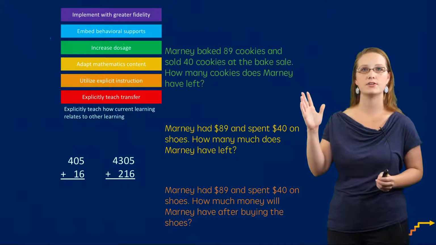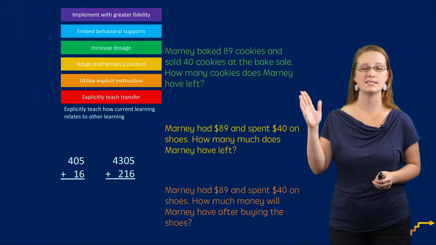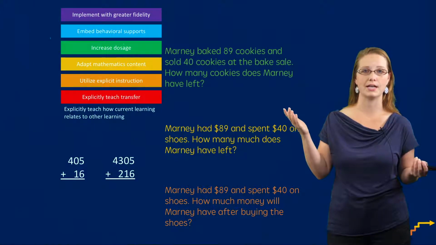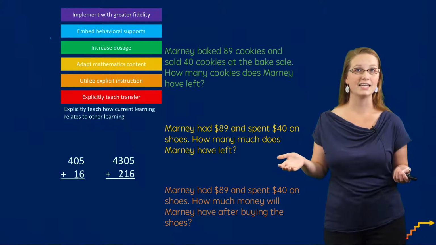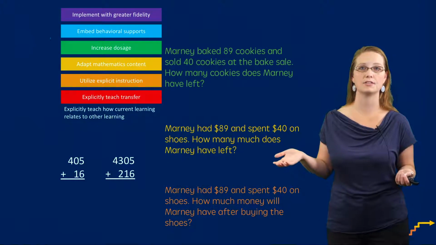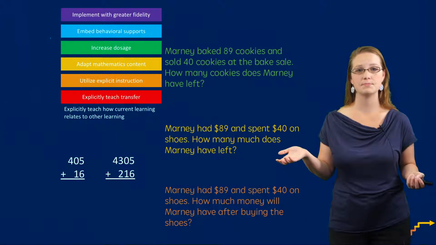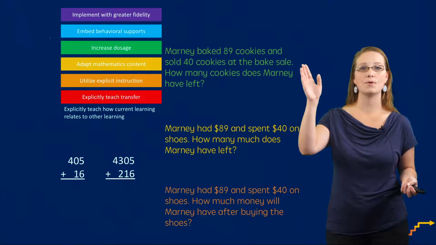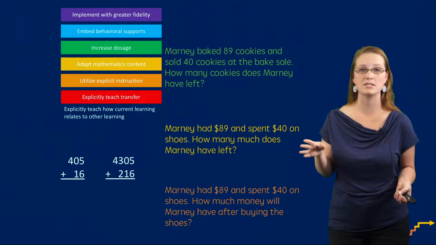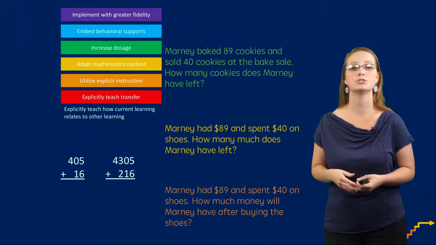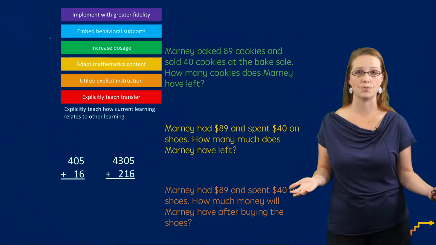Marnie baked 89 cookies and sold 40 cookies at the bake sale. How many cookies does Marnie have left? Marnie had $89 and spent $40 on shoes. How much money does Marnie have left? So you can see we have the same student, we have the same numbers, but we're just stretching it so it's a new situation.